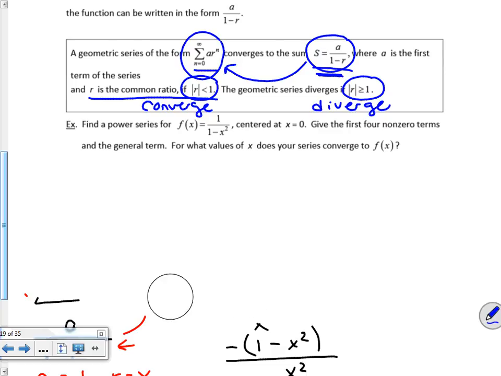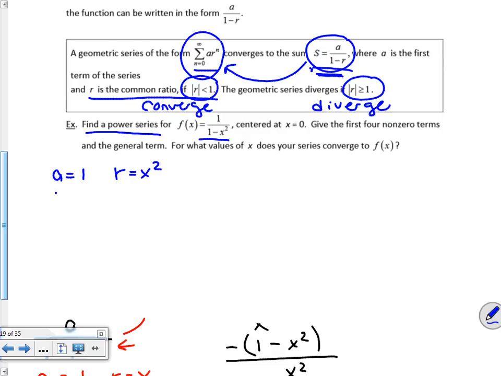Okay. Alright, so I see that they want us to find a power series for 1 divided by 1 minus x squared. If I treat this as the sum of an infinite series, then I can say that a is equal to 1 and r is equal to x squared.